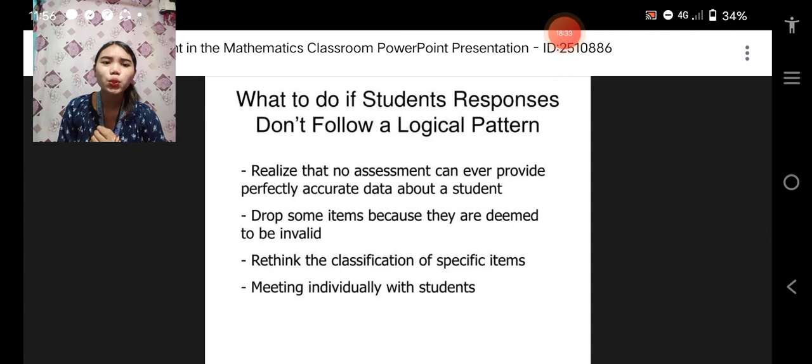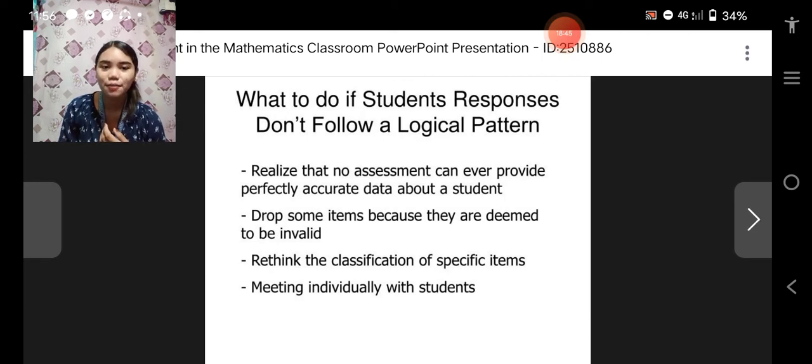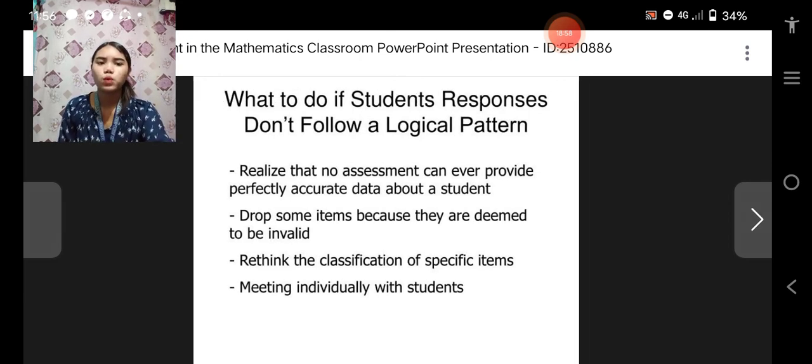So what do we do if student responses don't follow a logical pattern? First, we realize that no assessment can ever provide perfectly accurate data. Second, drop some items because they are deemed invalid, rethink the classifications of specific items, and meet individually with students.